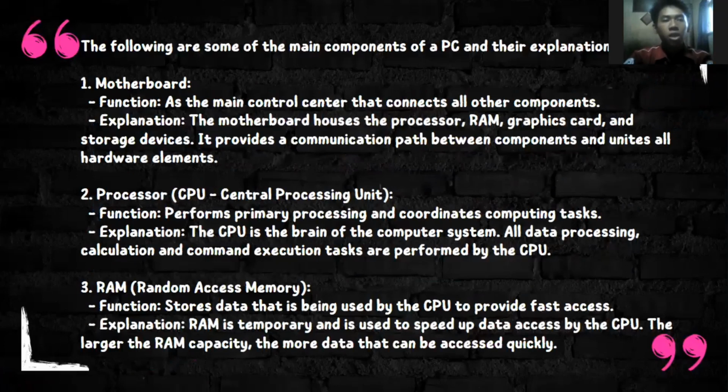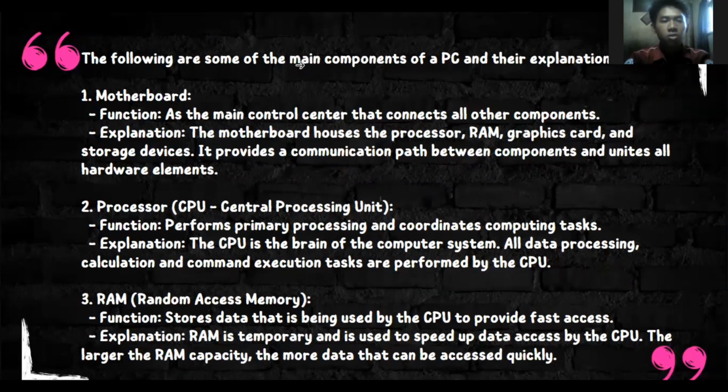The following are some of the main components of a PC and their explanation. One, motherboard. Function: the main control center that connects other components. Example: the motherboard hosts the processor, RAM, graphics card, and storage device.